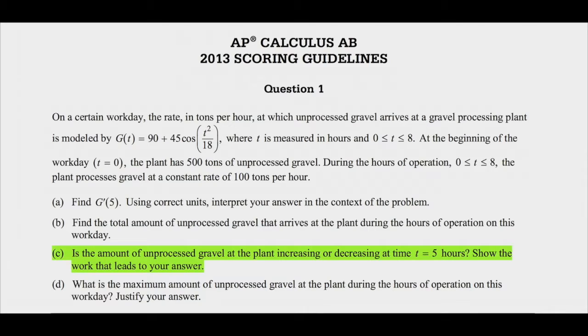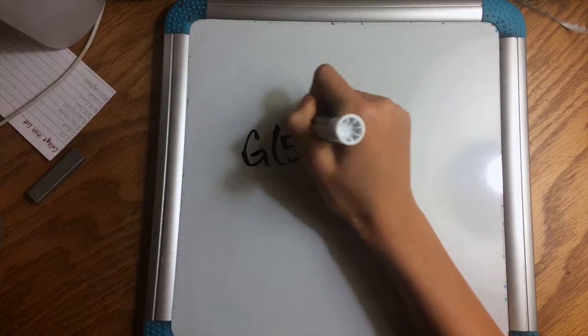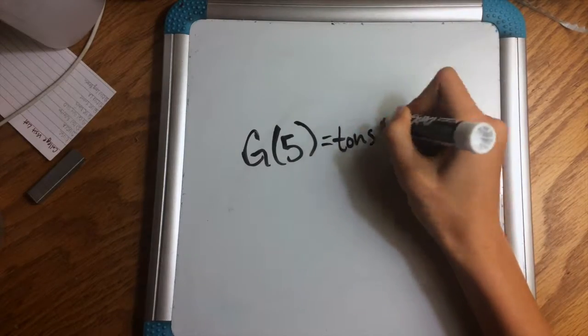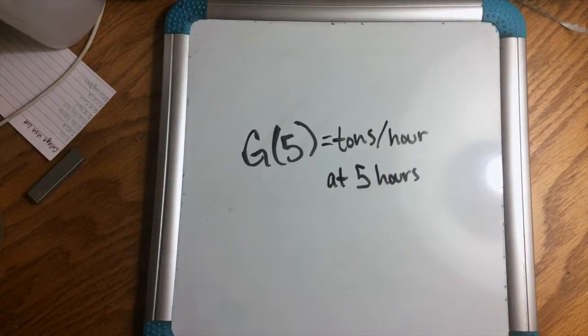Next, Part C asks if the amount of unprocessed gravel is increasing or decreasing at 5 hours. So first of all, we need to find g of 5 because that is equal to the tons per hour at 5 hours.